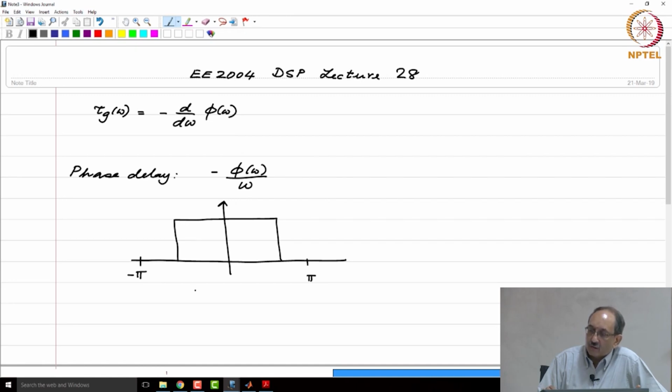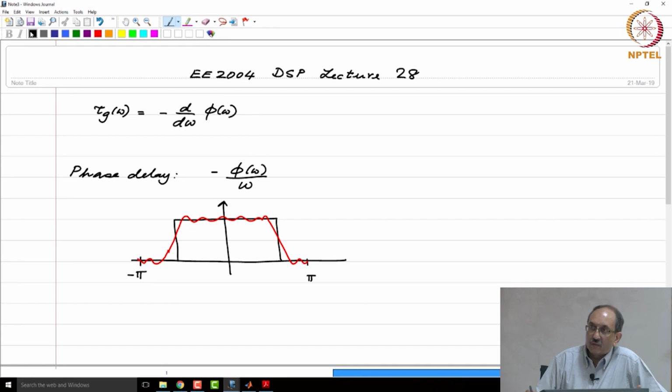So, we saw that the next best thing is to approximate them using a rational transfer function, and such an approximation may look like this. This may be the rational transfer function approximation to the ideal filter.